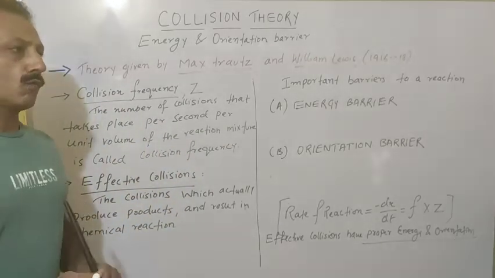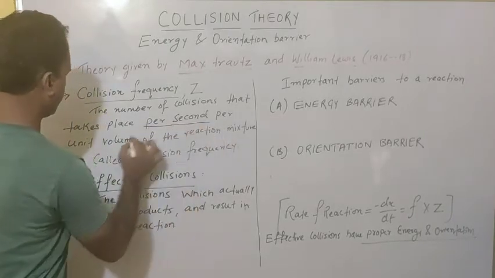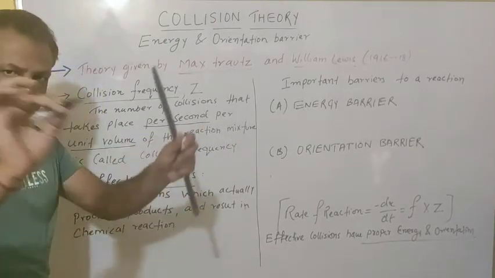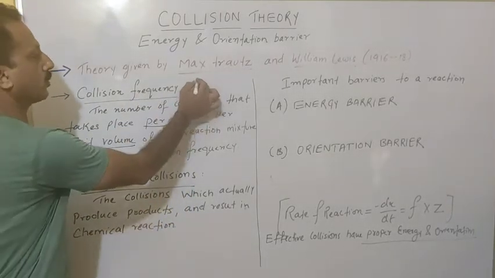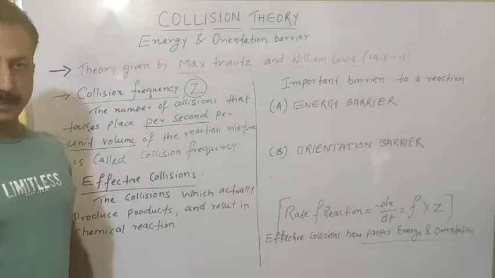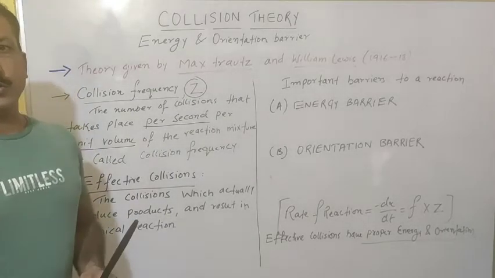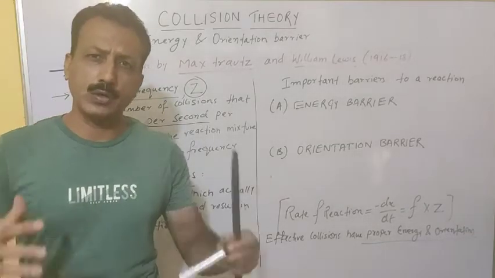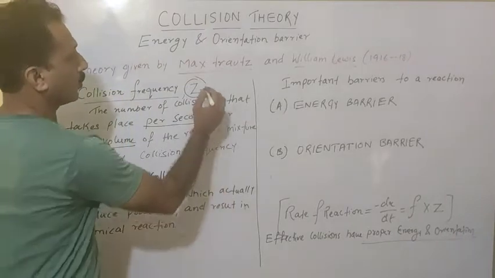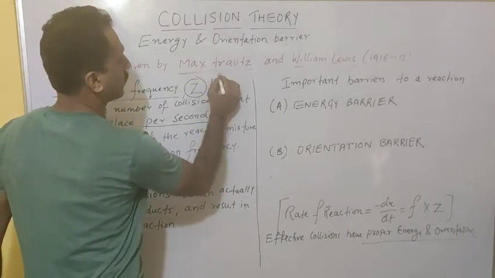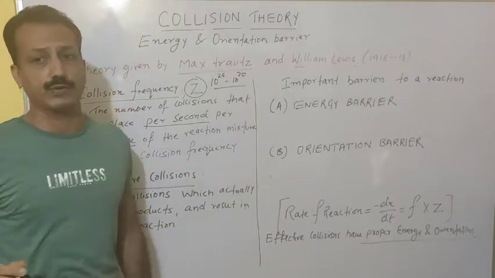It is represented by the symbol Z. In a particular reaction, the collision frequency is very high. It can be 10 to the power of 25 to 10 to the power of 28. Now, this is a very high collision frequency.